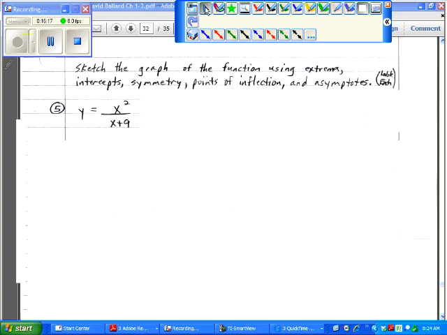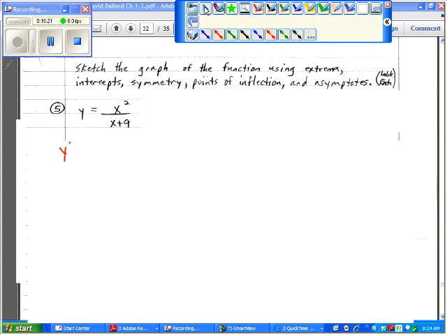Okay, so we want to find the first derivative, and we will be using the chain rule. The chain rule says you take the denominator times the derivative of the numerator and then minus.